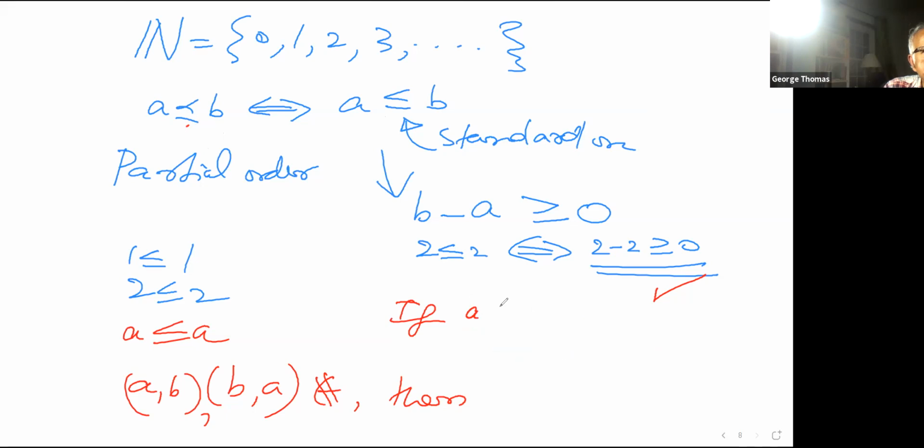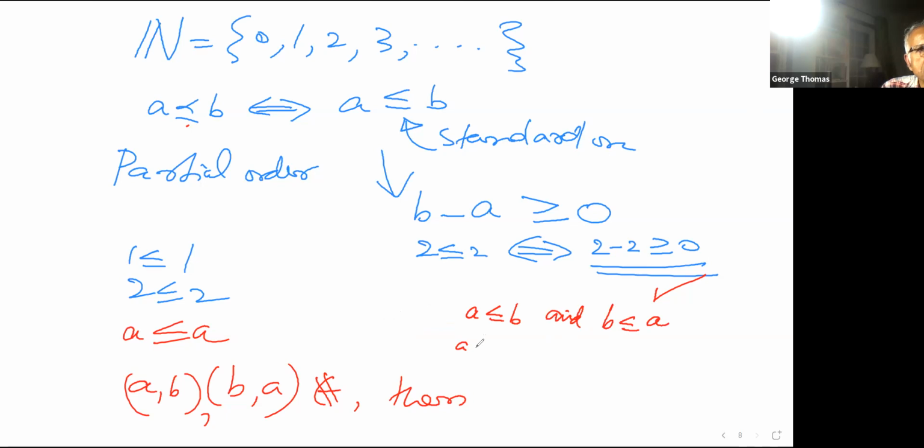If A is less than or equal to B, the only way it can be equal is... I have another idea. A less than or equal to B, and B less than or equal to A, means what?